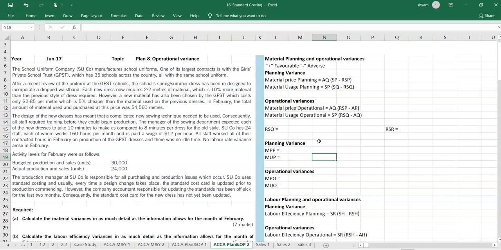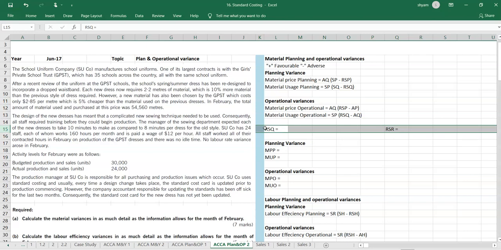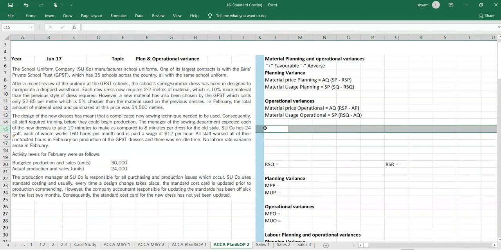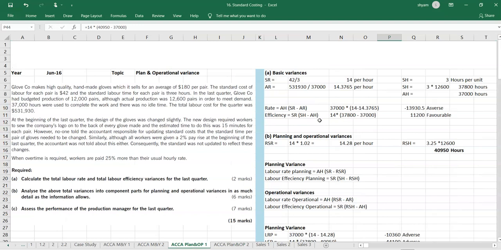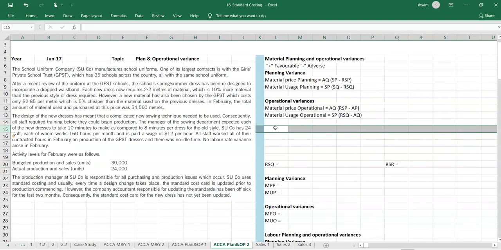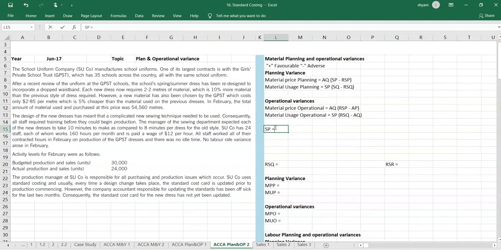First, I think that is quite important information. So first we'll set the information. We need information like SP, AP, SQ and AQ.